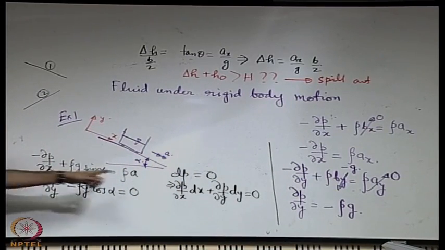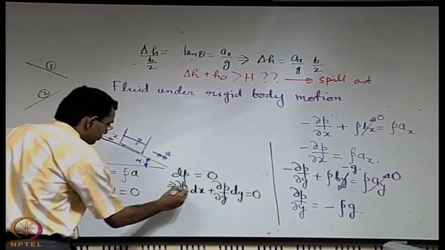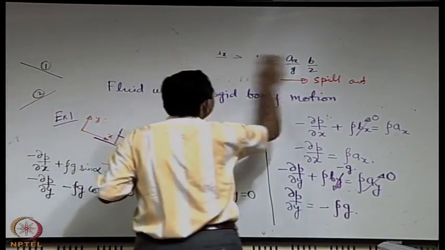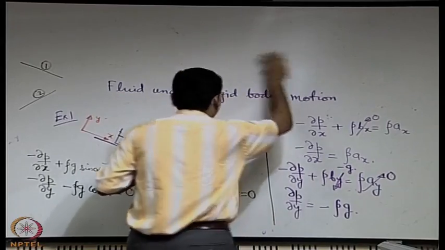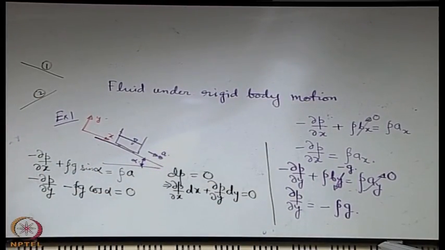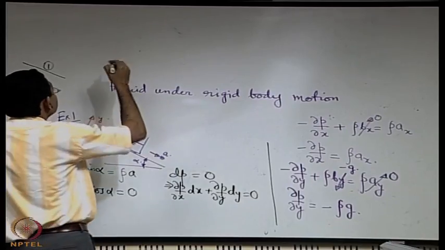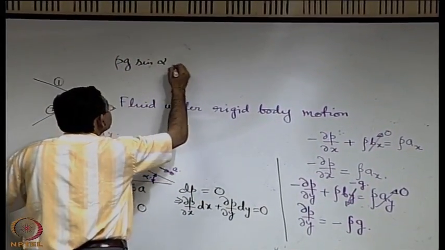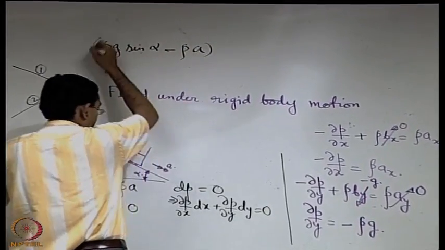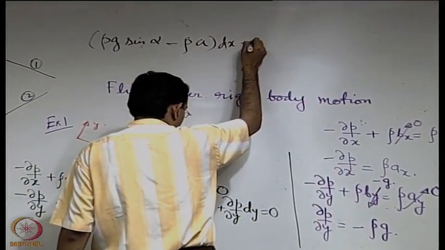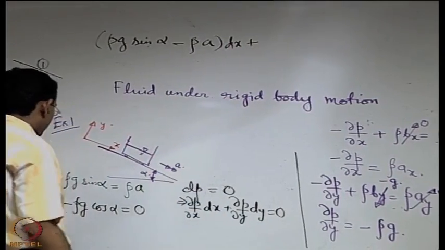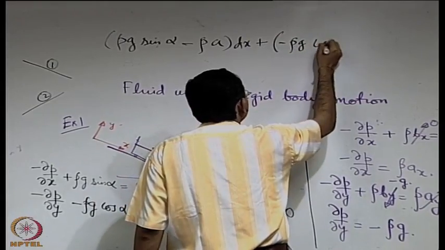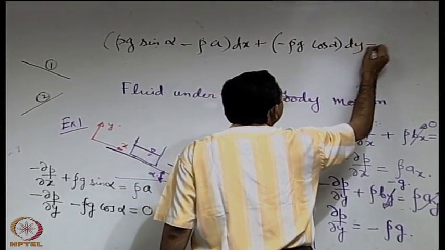you can substitute the expression. Let us write it at the top. The expression now becomes, in place of partial derivative with respect to x, you can substitute rho g sin alpha minus rho a, dx, plus minus rho g cos alpha dy equal to 0.